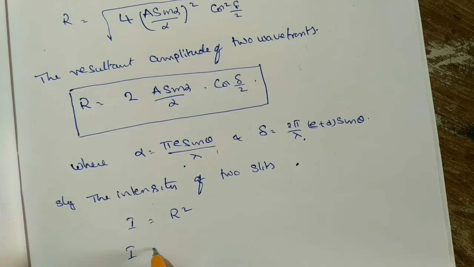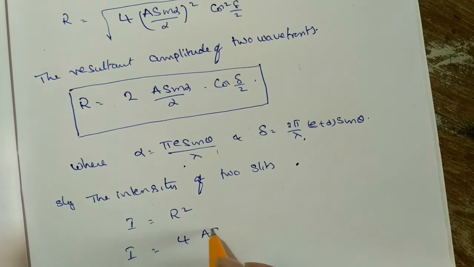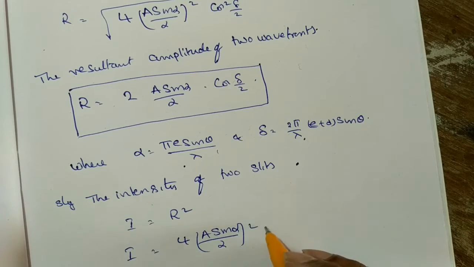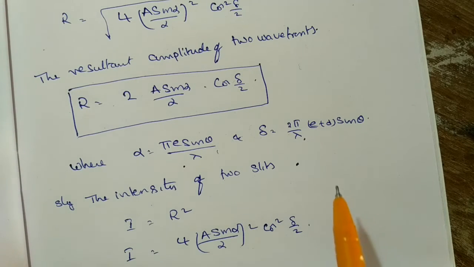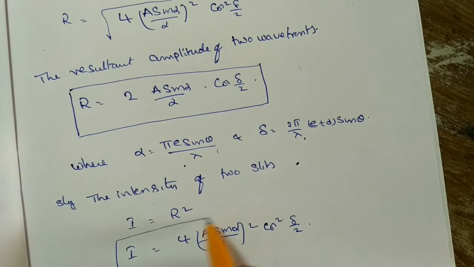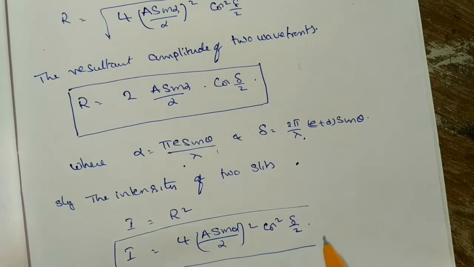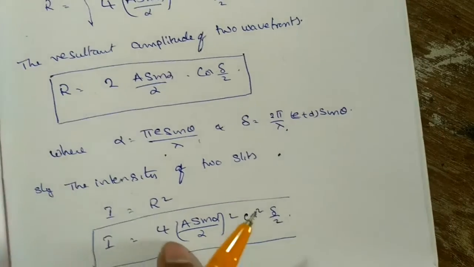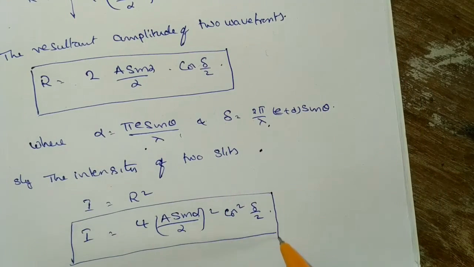Then I is equal to 4 a square (sin alpha by alpha) whole square cos square delta by 2. So this gives the resultant intensity of the two slits.